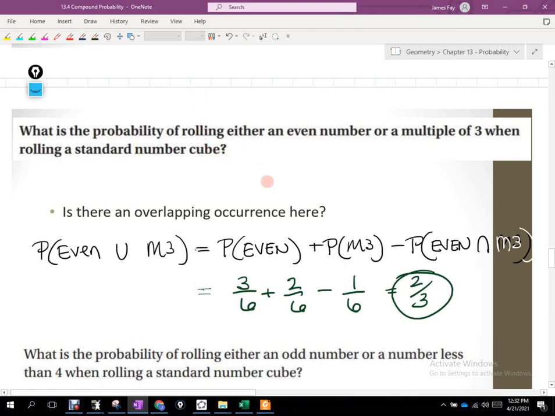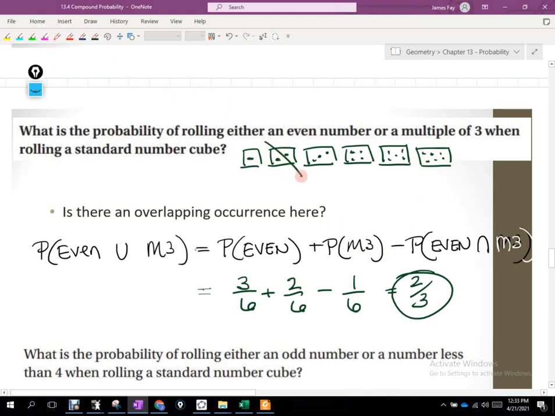Now, because the sample space of rolling a dice is small, here are my options in rolling a dice. Can I just go through this and pick even or multiple of 3?